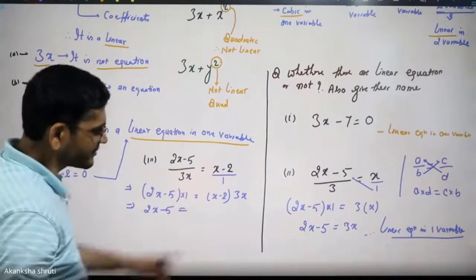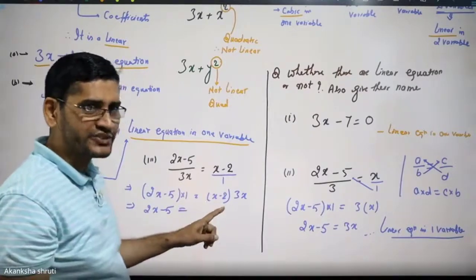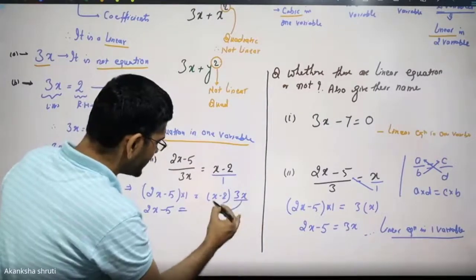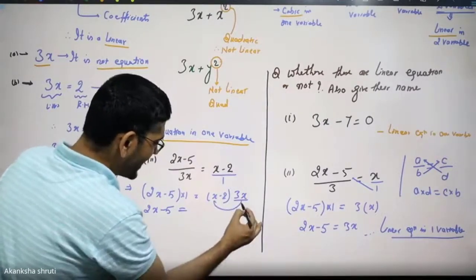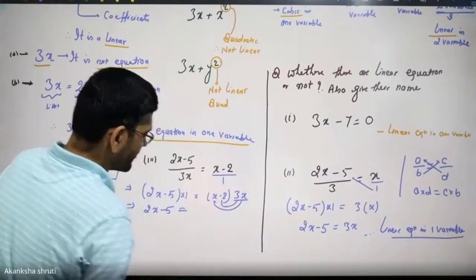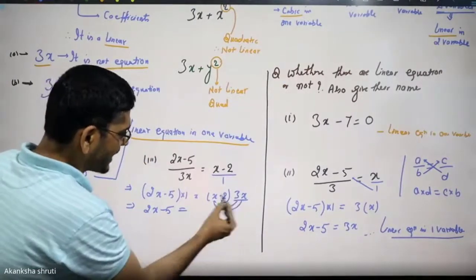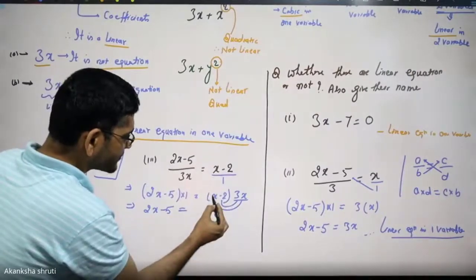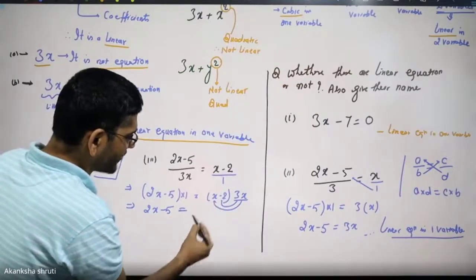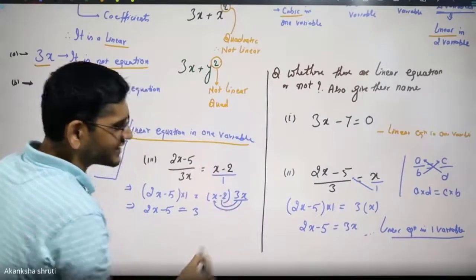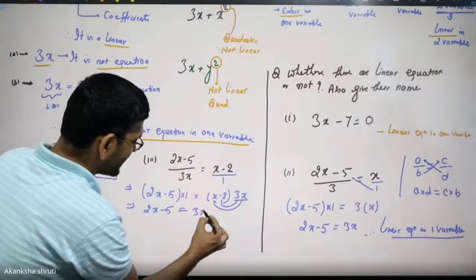Now by the distributive rule that we have learned in chapter 1, this 3x is for this term as well as for this term. While this 3x will be multiplied with x, numbers have to multiply with numbers. With this x, the coefficient is 1 only, so 3 will remain 3. But x multiplied with x becomes x square.